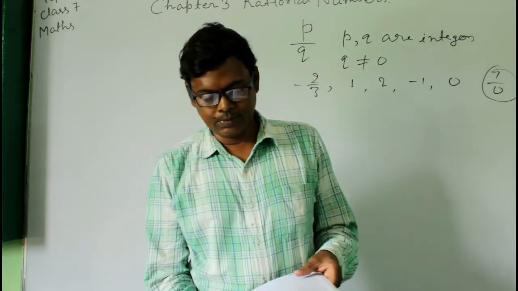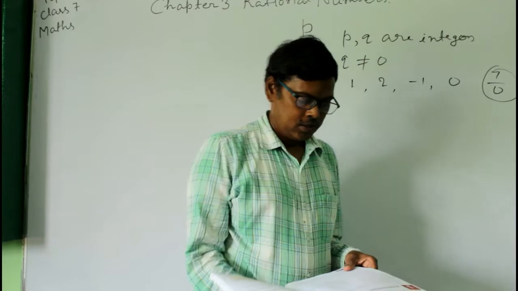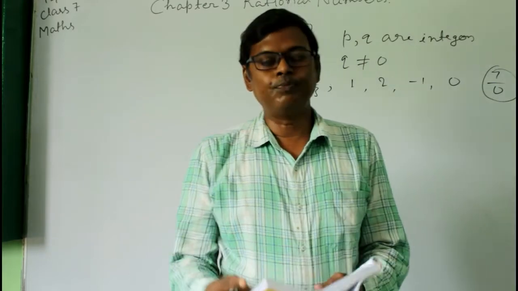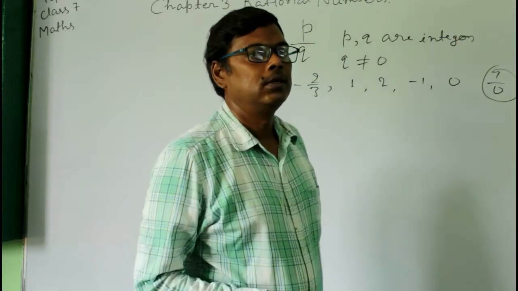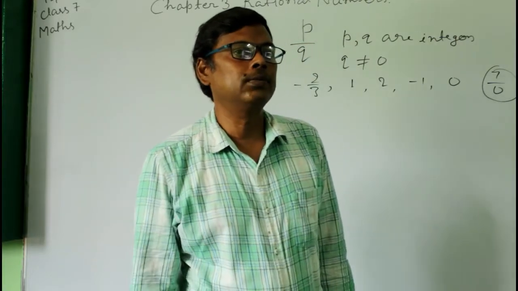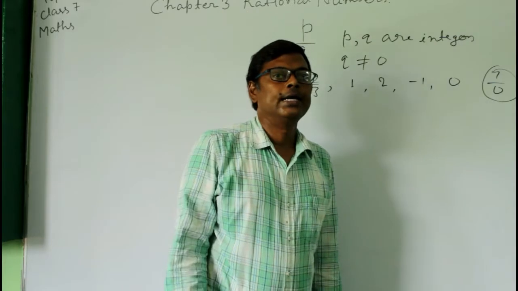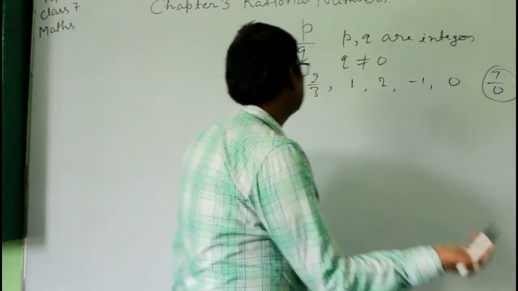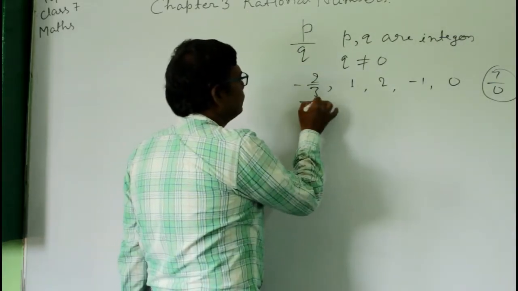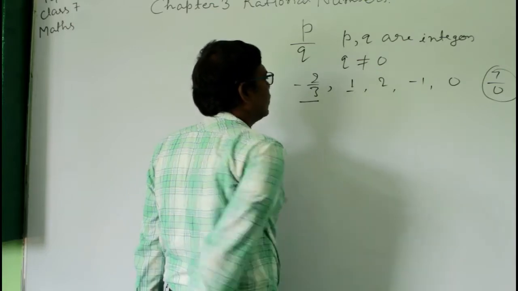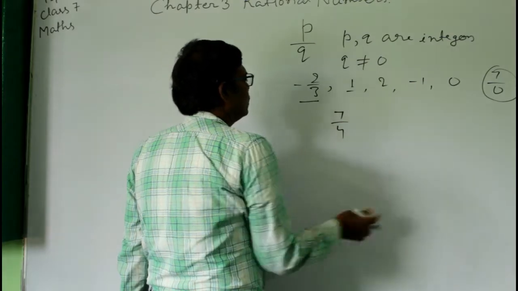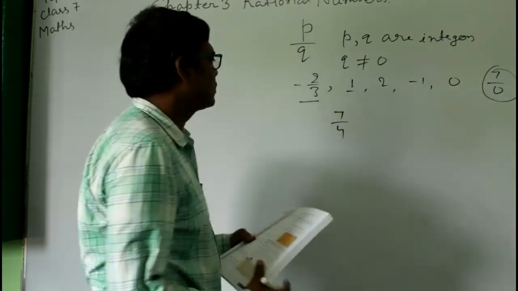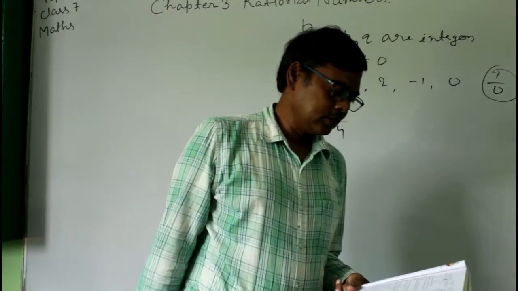In rational numbers you have two types: one is the positive rational number and the other is the negative rational number. Or you can also write it like 7 by 4. So this is a positive rational number.